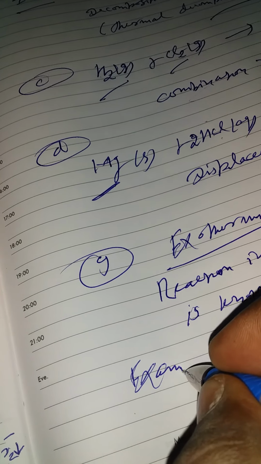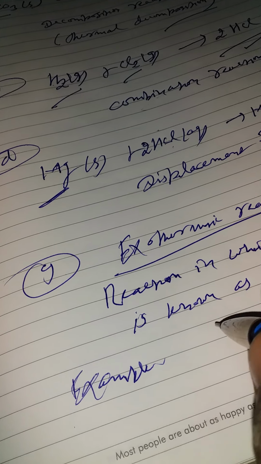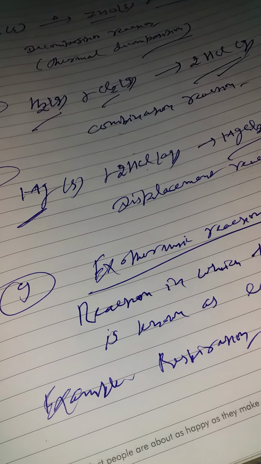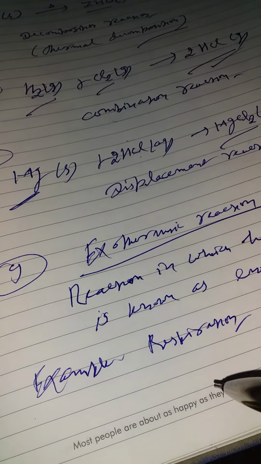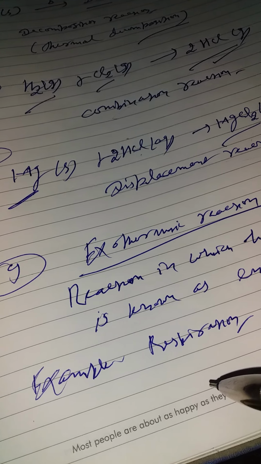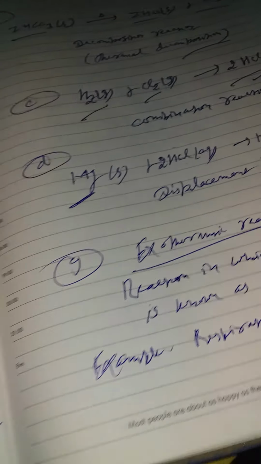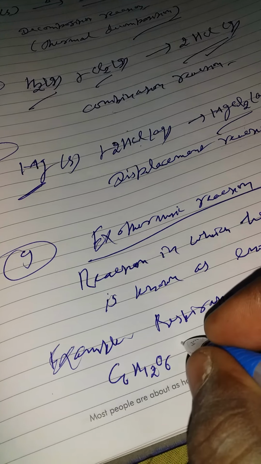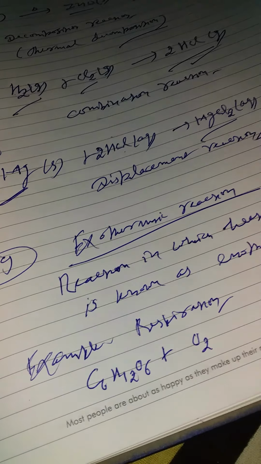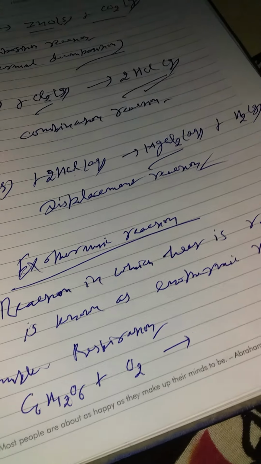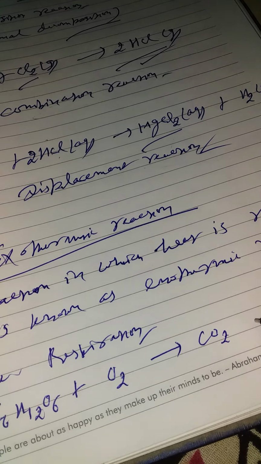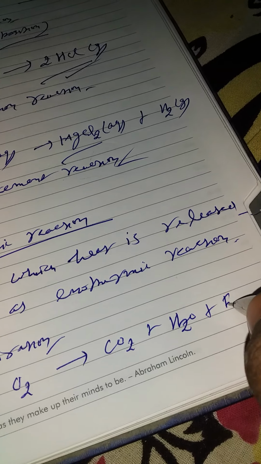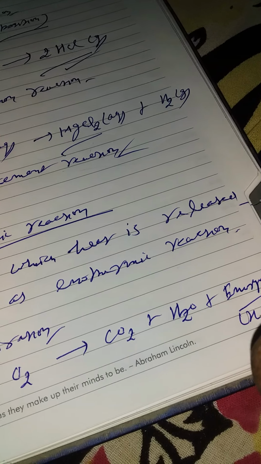As for example, respiration is an exothermic reaction because we get food, and our food has carbohydrate, and this carbohydrate decomposes into glucose, and this glucose, that is C6H12O6, reacts with oxygen to form carbon dioxide plus water plus energy in the form of heat.